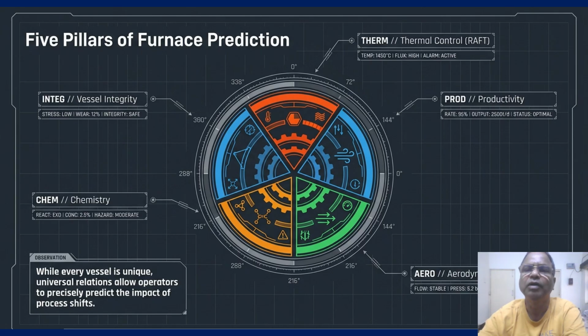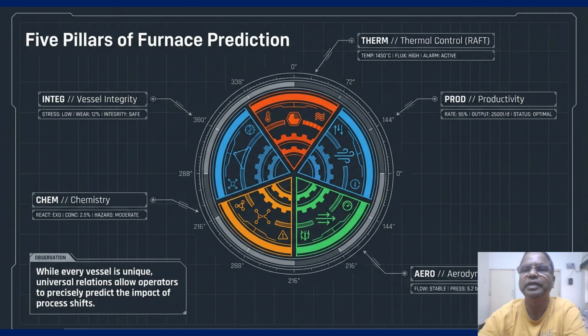As a mentor, we teach that mastery is about the balance between these five segments. If one red lines, the entire campaign is at risk. So we start our deep dive with the primary thermal lever, the RAFT.